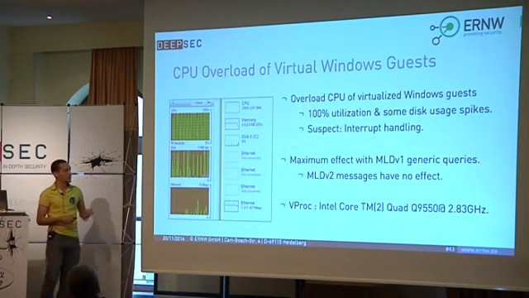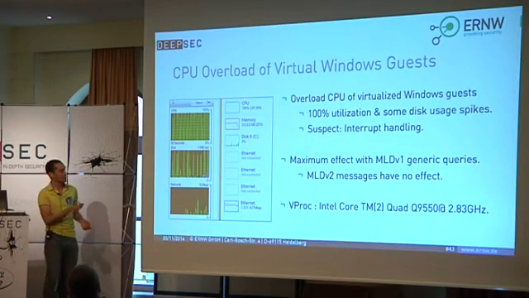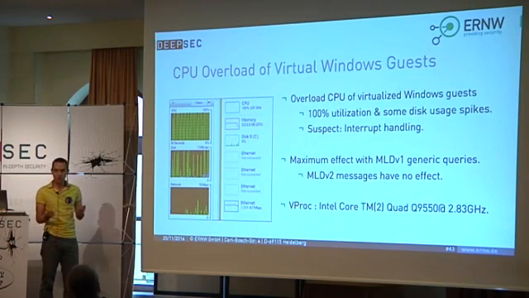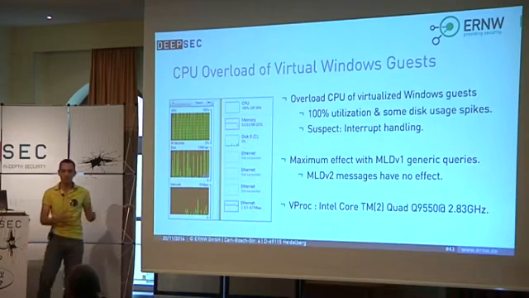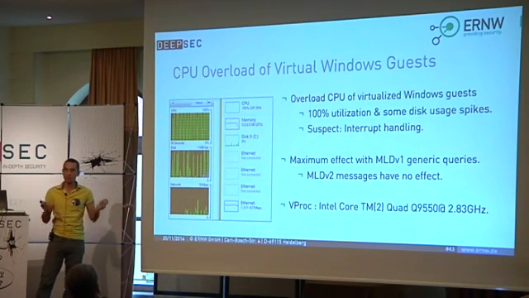You further find that there are funny things like virtualized Windows hosts behaving like this. I mean, totally unresponsive and only with MLD version 1 queries. When you send a lot of MLD version 1 queries to Windows virtualized hosts, they just start behaving this way. When you send MLD version 2 queries, they just behave normally.